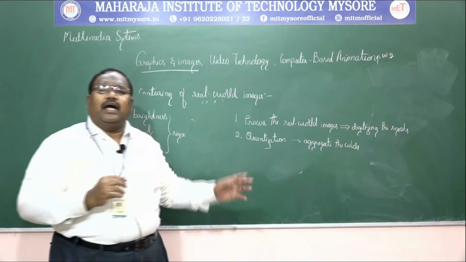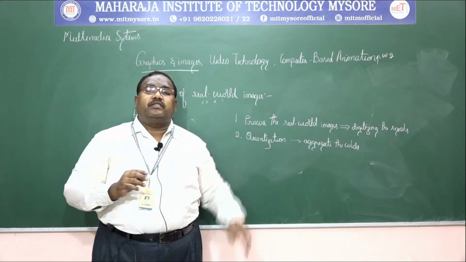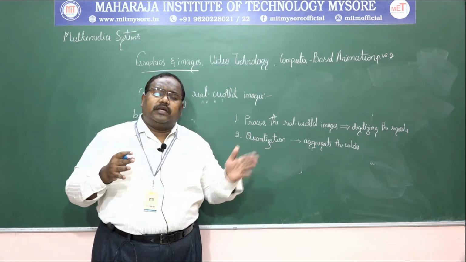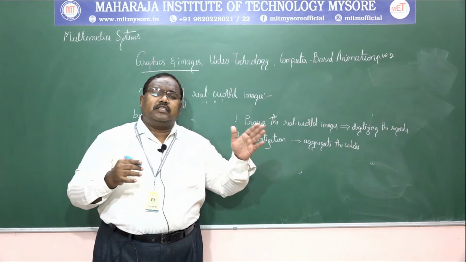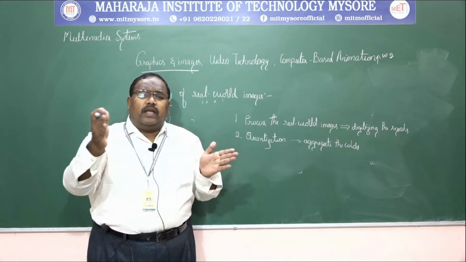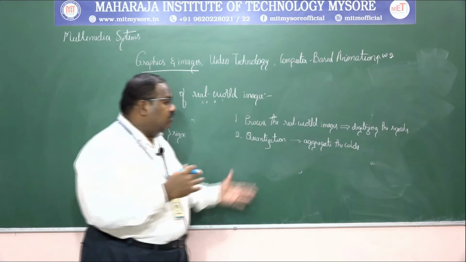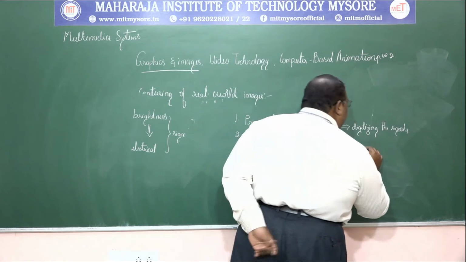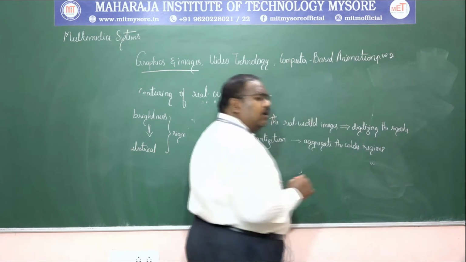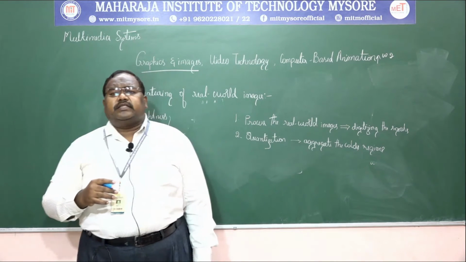So here we aggregate the color regions. There are different regions. What about the gray? Yes, gray also has different color regions. When we talk about color regions, it would be from white to black, so there would be different shades. So we aggregate these different color regions together. This is called quantization.